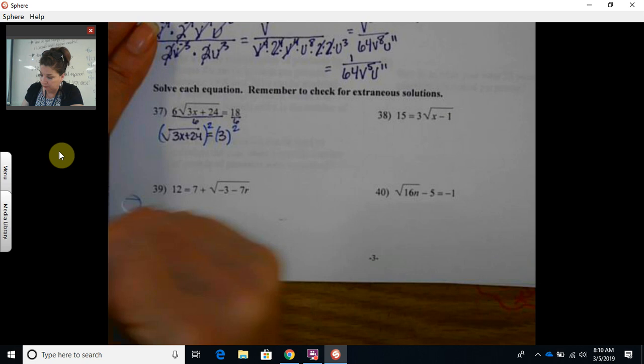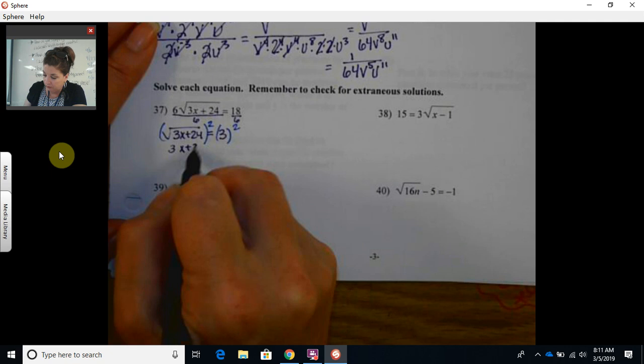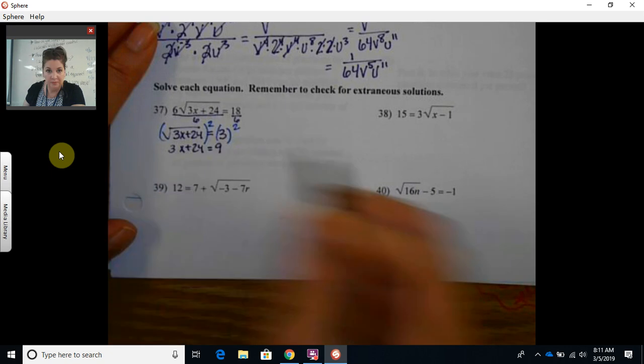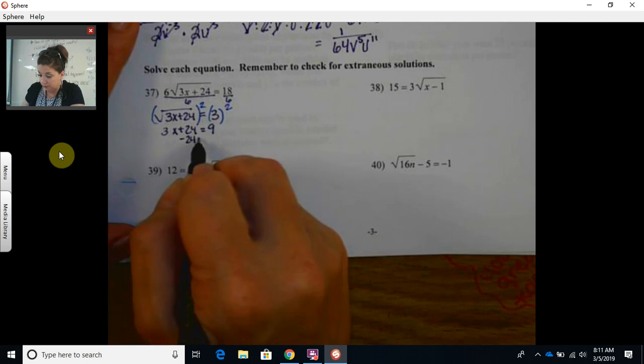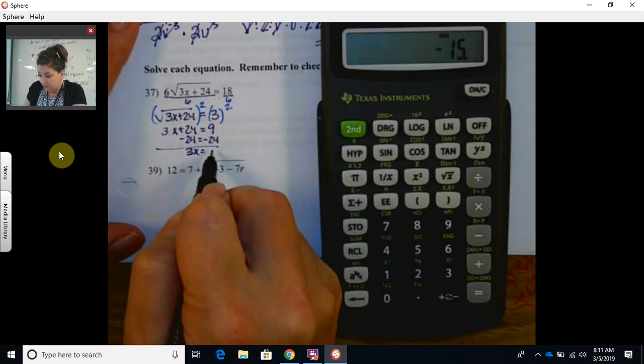So the square root of 3x plus 24, quantity squared, is 3x plus 24. 3 squared is 9. Then I'll subtract 24 from both sides. So we have 3x equals negative 15. Divide both sides by 3 and x equals negative 5.